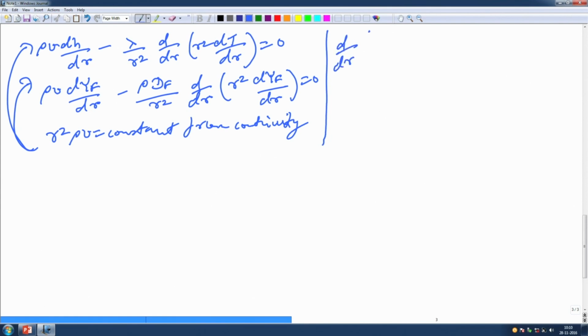So, that will give you rho v equal to 0. Sorry, if you cannot see it, write it bigger over here.